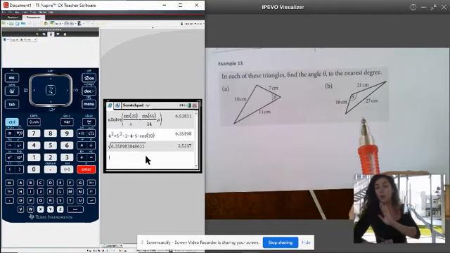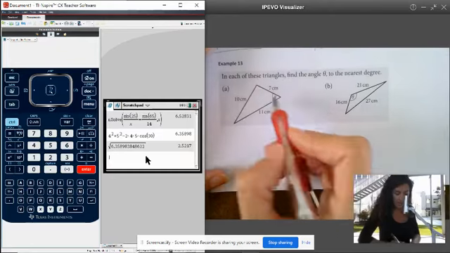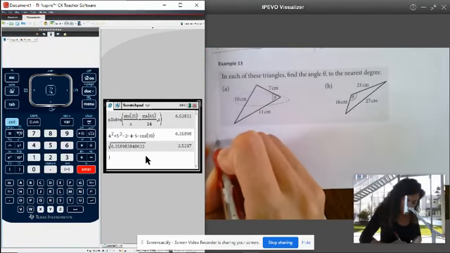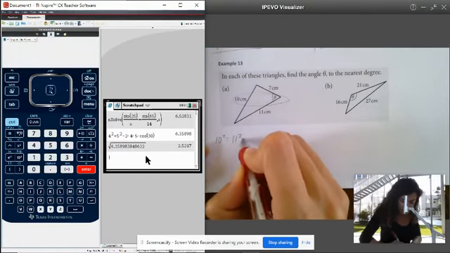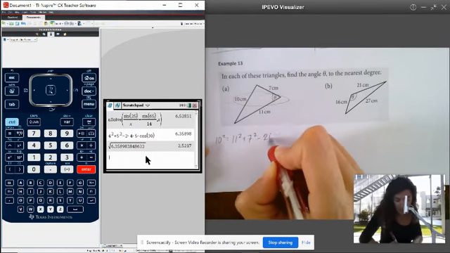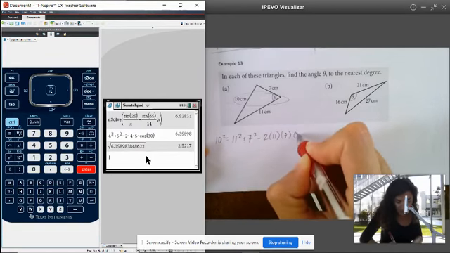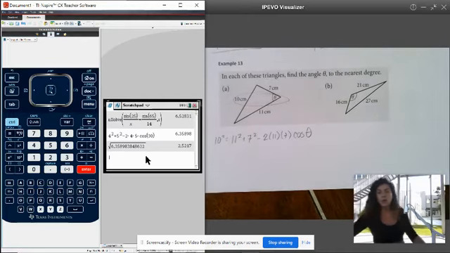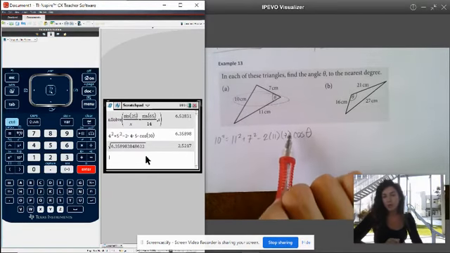So focusing like we always focus on the angle and its opposite side: 10 squared equals 11 squared plus 7 squared minus 2 times 11 times 7 times cosine of theta. We need to isolate for cosine.